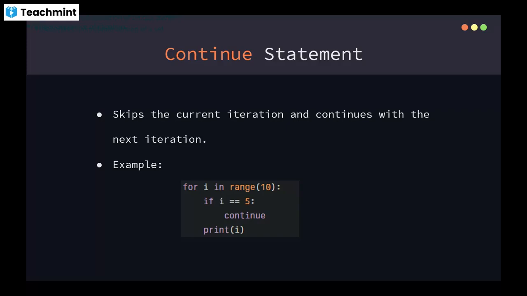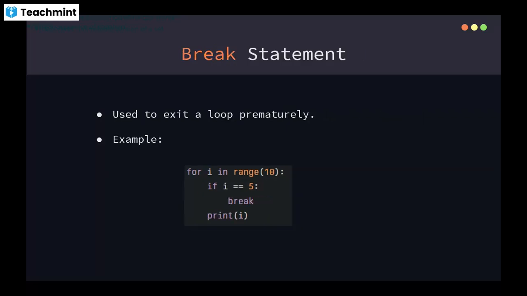When i reaches 5, instead of printing i, we'll move on to the next step, which means it will print 0 to 4, skip printing 5, and then continue printing from 6 to 9. So continue is used to skip based on a condition, and break is used to exit from the loop.